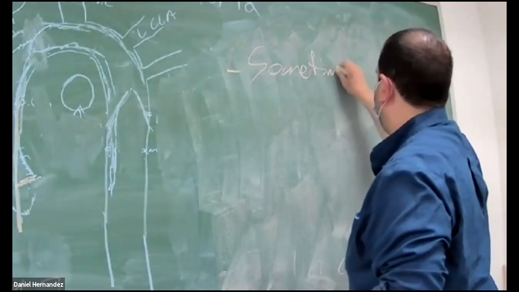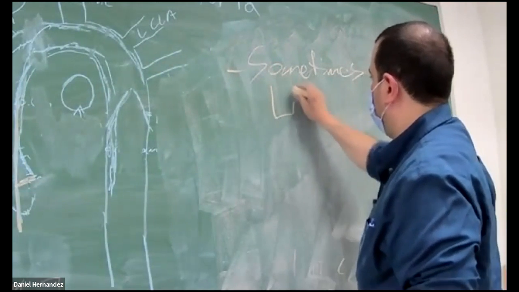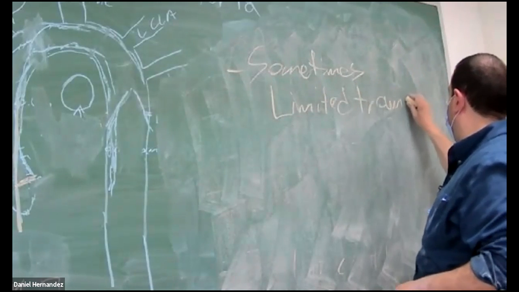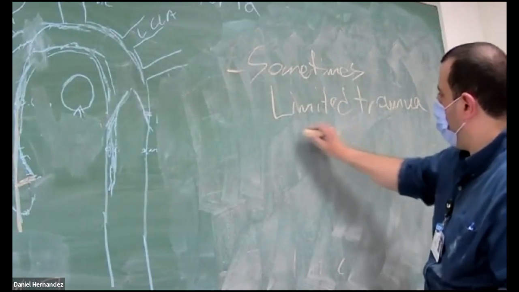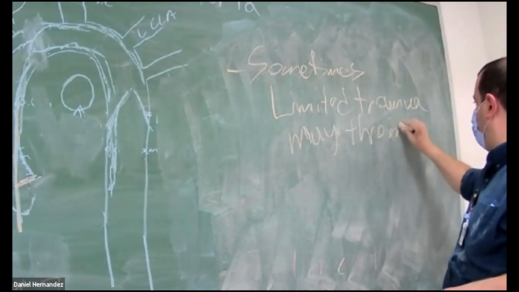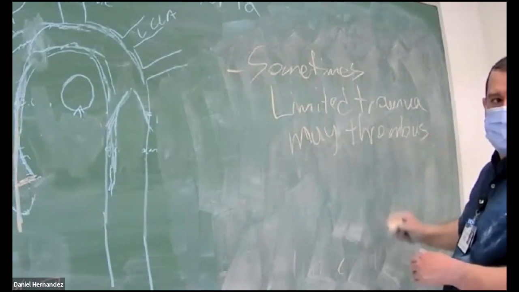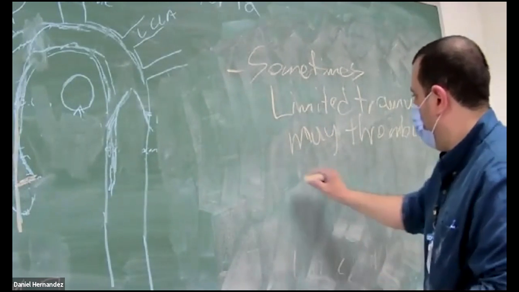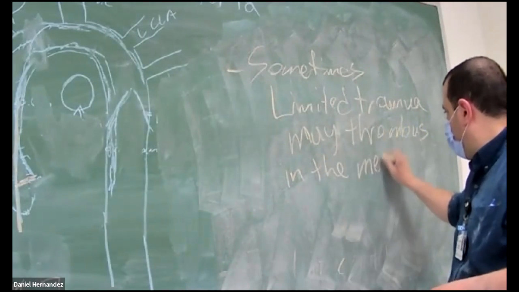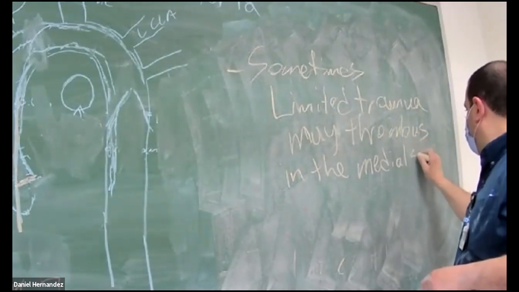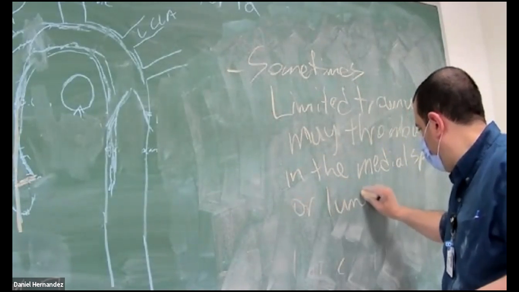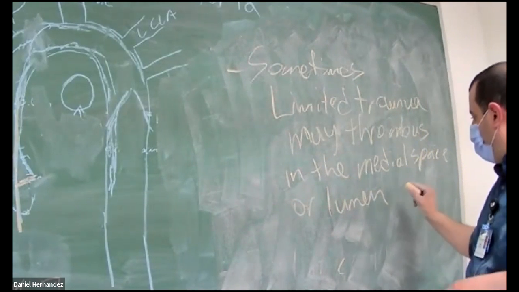Sometimes trauma may cause thrombus in the medial space or lumen of the aorta.